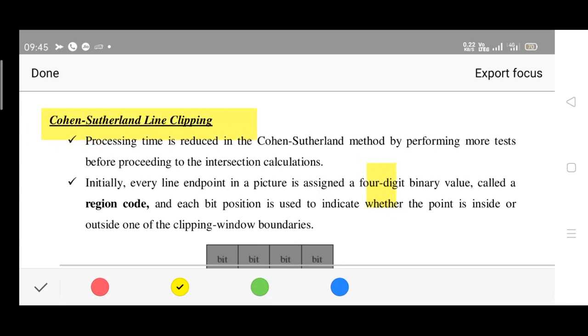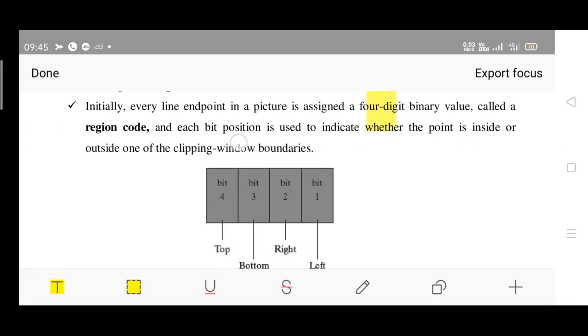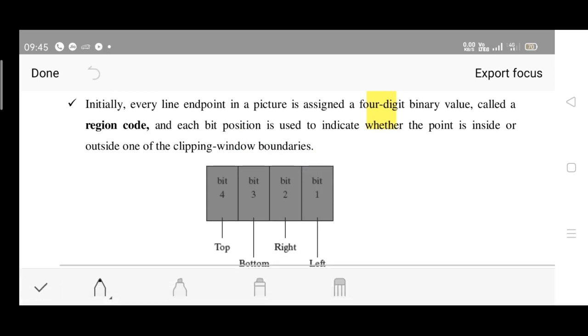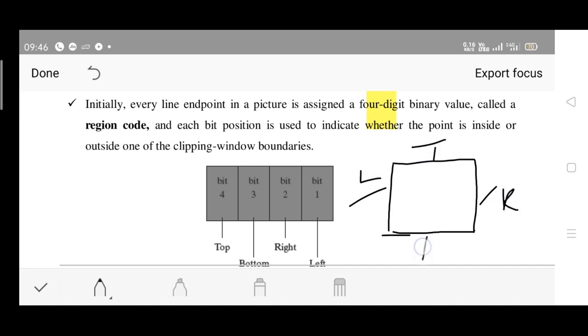Just concentrate here. You have to define a rectangle first. Assume it is a rectangle. This rectangle has four boundaries: this is the left boundary, this is the right boundary, the top boundary as well as the bottom boundary.